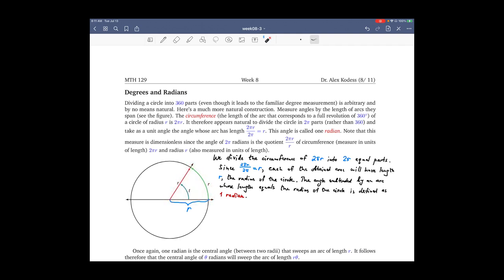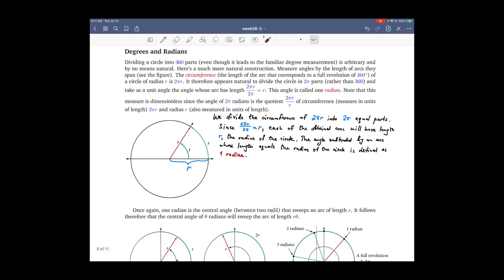This definition immediately gives us the relation between radians and degrees, because 360 degrees equals full revolution. On the other hand, how many radians is 1 revolution?